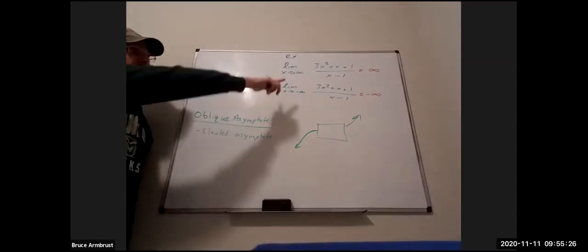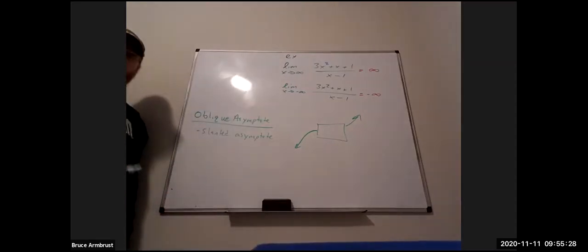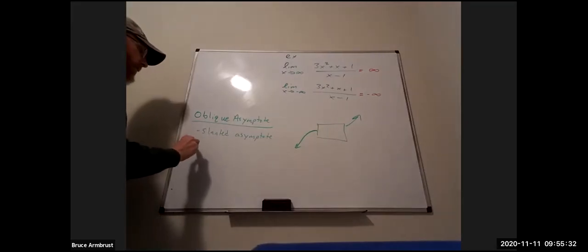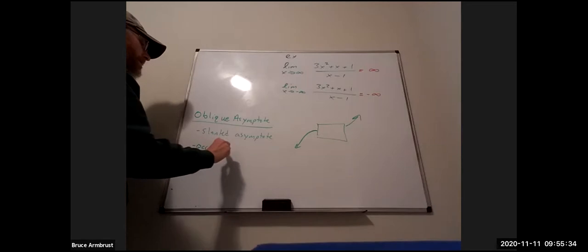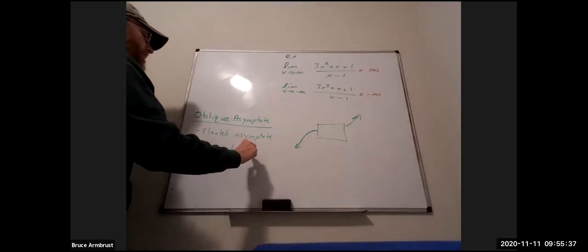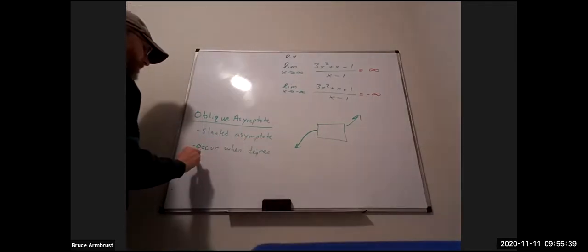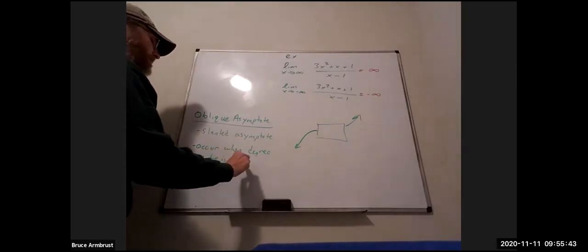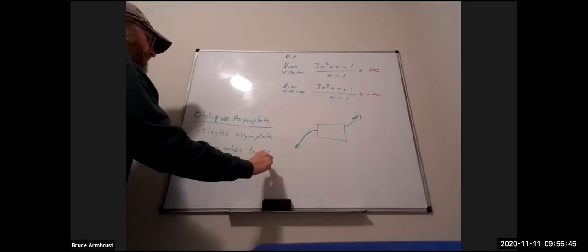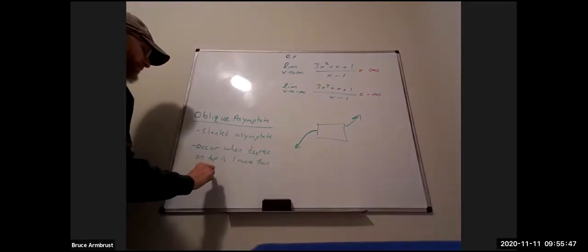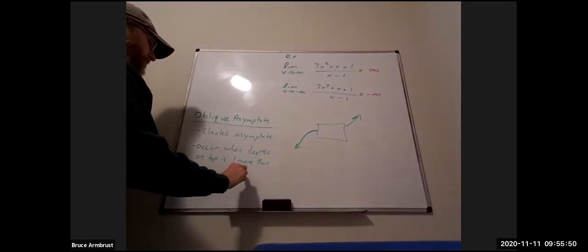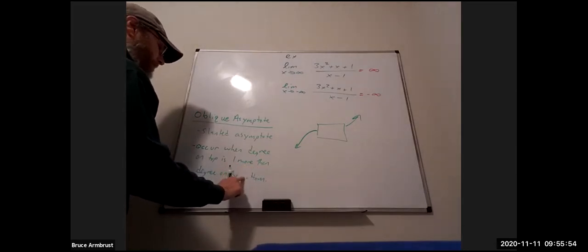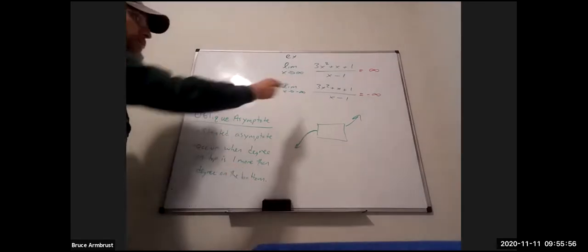Now, we definitely saw that with this function. And I'll even tell you when it happens. These things occur when the degree on top is one more than the degree on the bottom. And that's what we saw here.